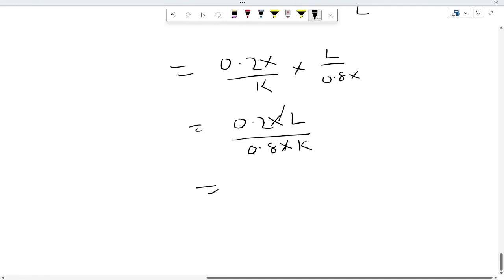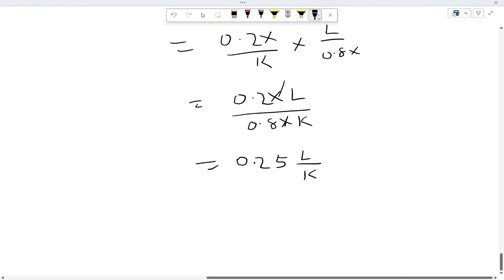So when you divide 0.2 by 0.8, you have 0.25. 0.25 L all over K. Of course, this 0.25 is also the same thing as 1 over 4 L over K. And you can even have it like this, L all over 4K.